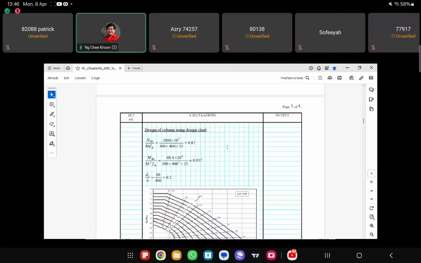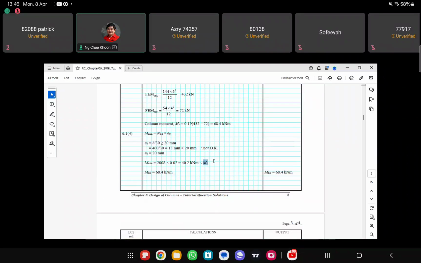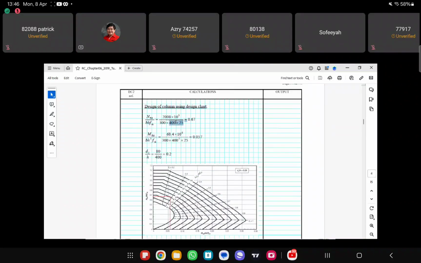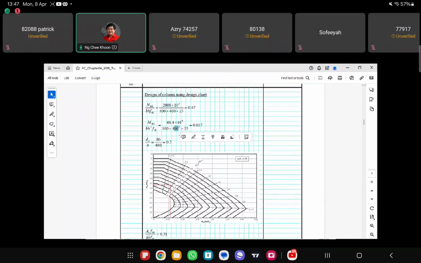So in this case, we are calculating for Z-axis bending, so H is the larger dimension of 400, right? This one doesn't affect the M value, but it affects this value here, because if you use the wrong dimension to put as a square here, then this is wrong. So be careful about the axis of bending. So for major axis bending, H is the larger dimension of the column.